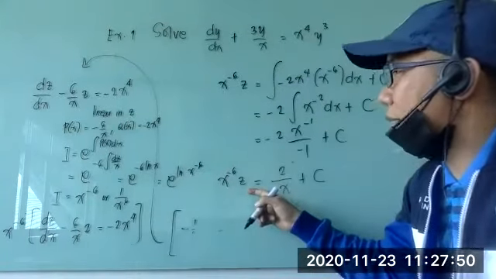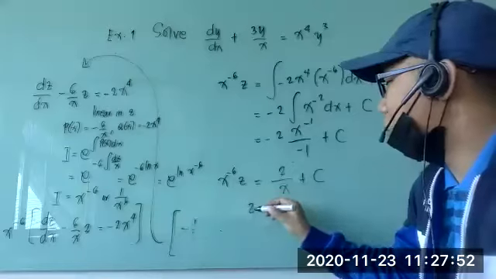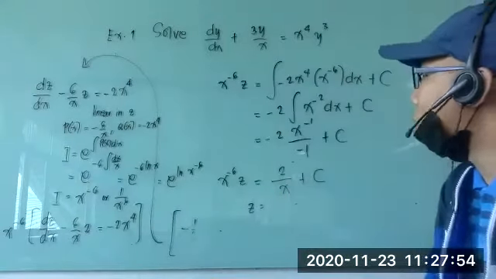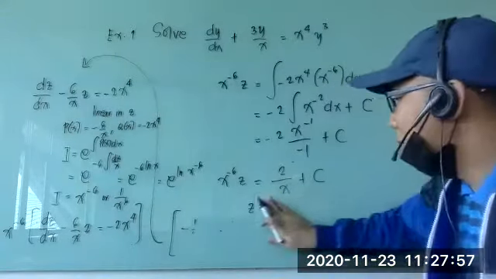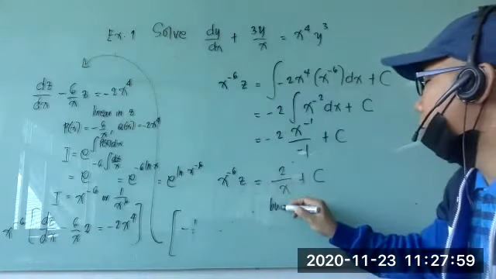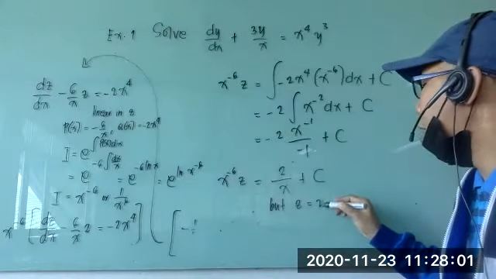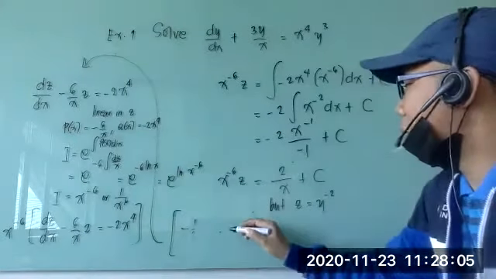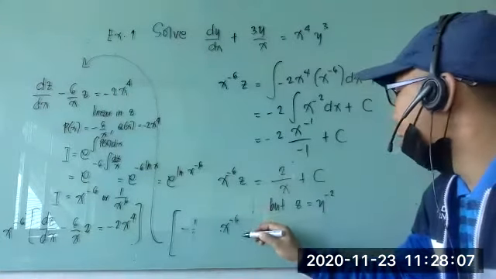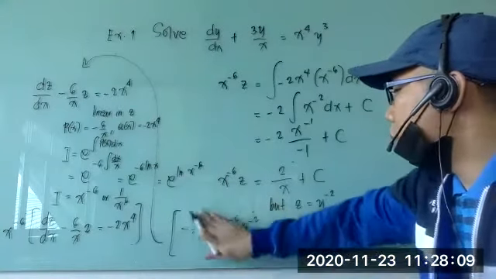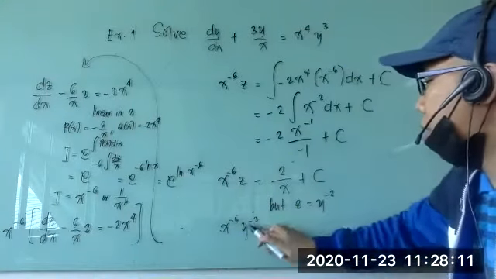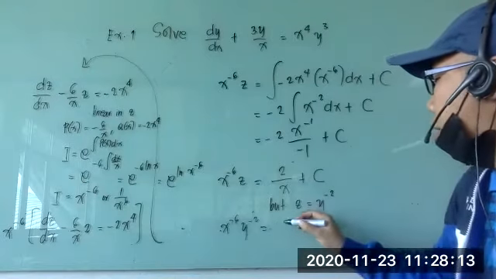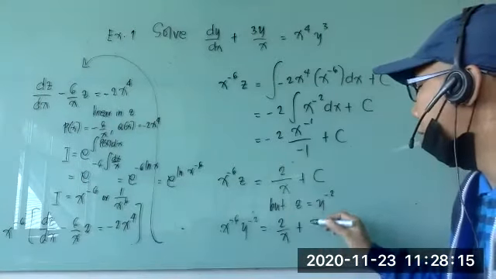Pero yung z natin, ano ba yung value ni z? Don't forget yung z is equal to what? Y raised to negative 2. I-plug in mo ngayon yung tunay na value ni z. So this will become x raised to minus 6 times y raised to negative 2 equals 2 over x plus c.